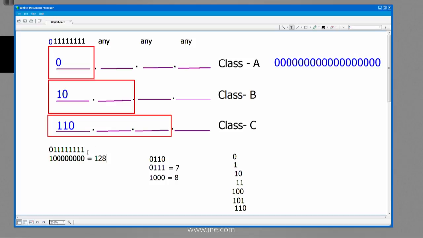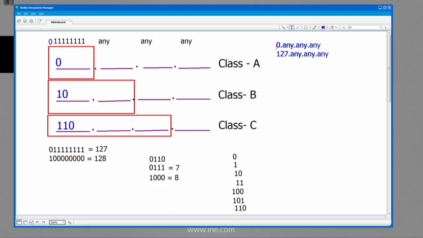So therefore, if we back off by just 1, this has to be 127. So technically in the class A range, 0 dot anything is the smallest class A, and 127 dot anything is the largest class A address.